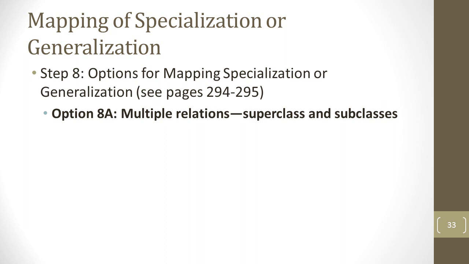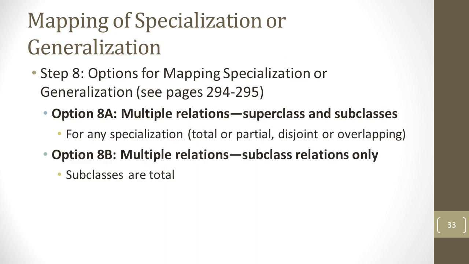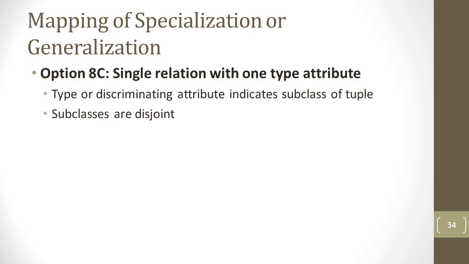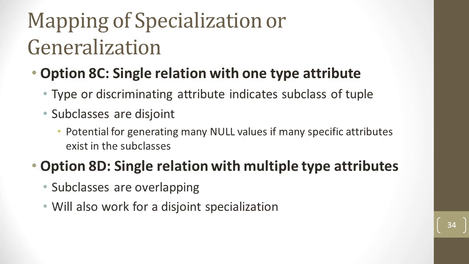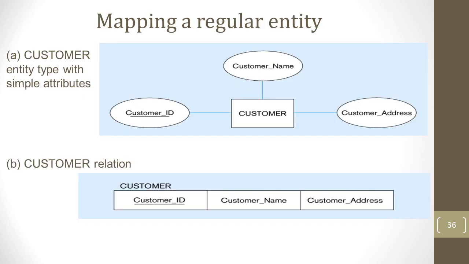So I'm going to just let you guys look at this step 8. I think there's 4 ways that they go through that you can map these inheritance hierarchies, kind of complicated. I'd rather just maybe talk about this a little bit Tuesday. On Tuesday also, I want to pick up with this example.